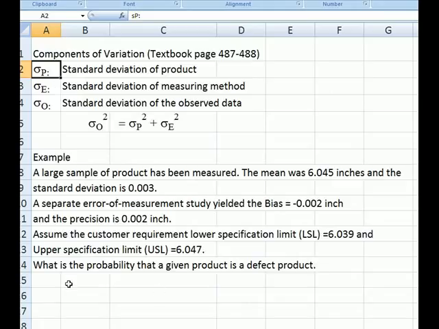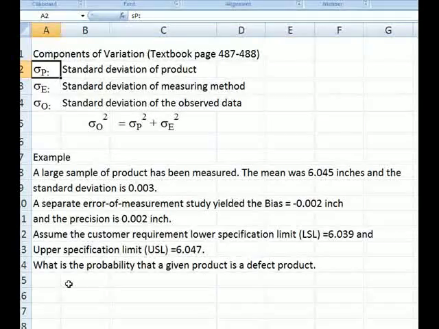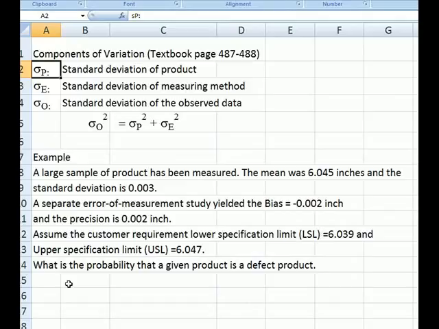A large sample of product has been measured. The mean was 6.04 inches and the standard deviation is 0.003 inch. A separate error of measurement study yields that the bias equals negative 0.002 inch and the precision is 0.002 inch.